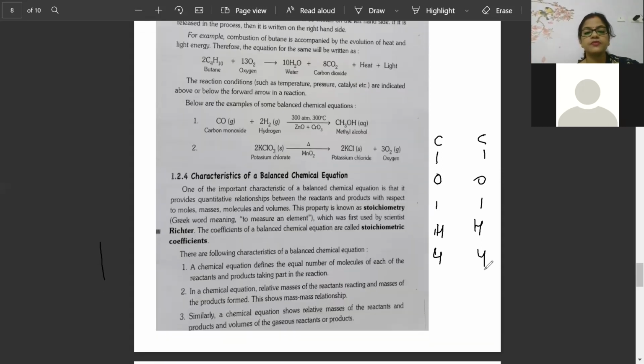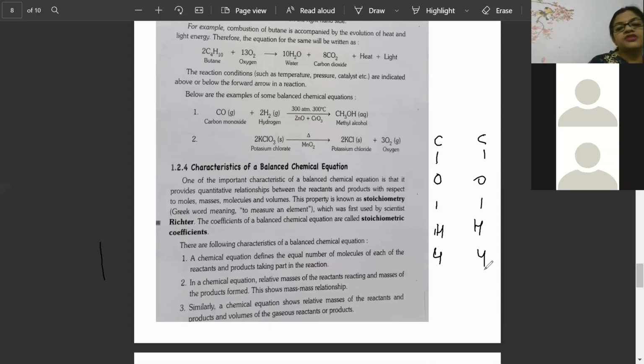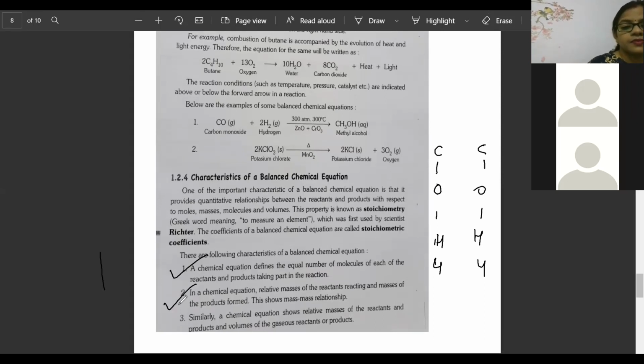Now, beta, what are the characteristics of balancing a chemical equation? These 3 characteristics must be in your note. We already know about number of atoms, mass. Now what they're telling is that one of the most important characteristics of a balanced chemical equation is that it provides a quantitative relationship between the reactants and products with respect to moles, masses, molecules and volumes.